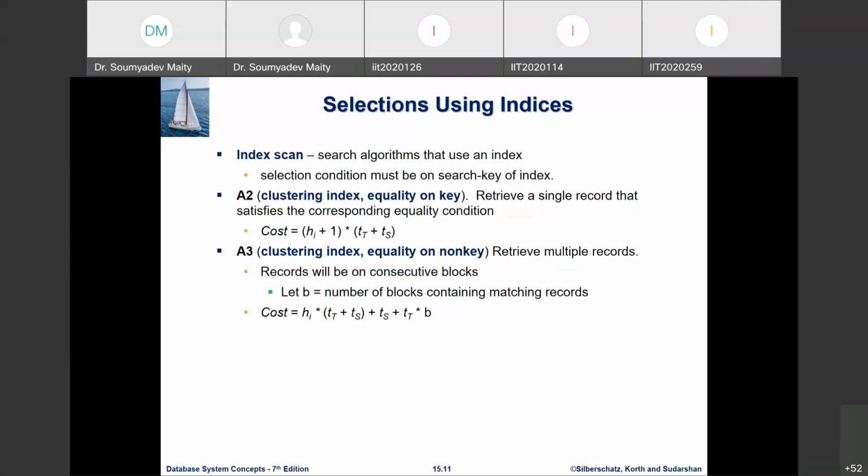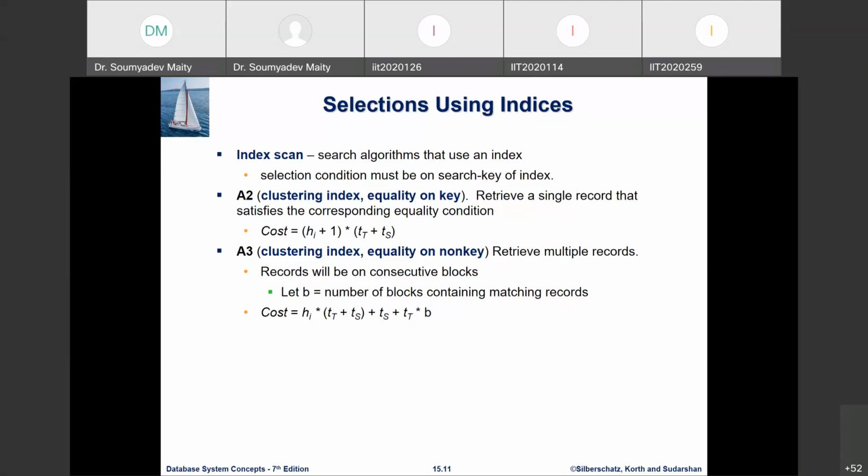So here B denotes the number of blocks containing the matching records. Okay, understand carefully. First you are starting from the root of the B plus tree to the leaf. What is the cost? Hi into Tt plus Ts. As I said, Hi number of block transfers and Hi number of seeks will be required.